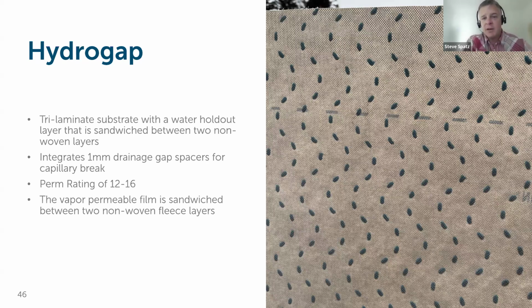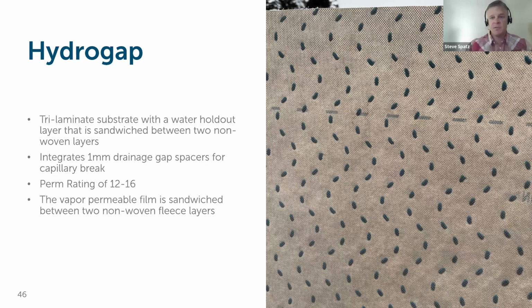That capillary break provided by the Hydrogap and other drainage plane assemblies allows for that vapor moving through that material to have a disconnect and a space for drying and diffusion to occur to the outdoor environment. So integrated drainage planes, if not a physical drainage plane, are also a critical component of these durable assemblies and for durability of exterior finishes.